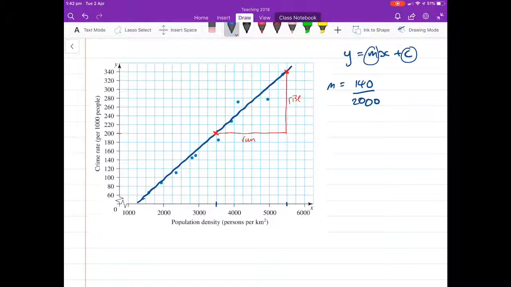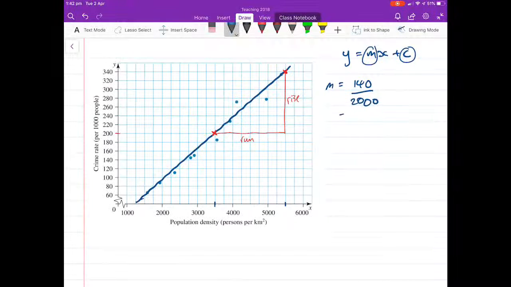In terms of simplifying this, chuck it in as a fraction on your calculator and we'll get down to 7 out of 100. Because that's such a nice neat number, I'm okay if you write it as 0.07. It's when we have an answer as a recurring or non-terminating decimal that we like to keep it as a fraction, but 0.07 is fine. So there's our first element done.